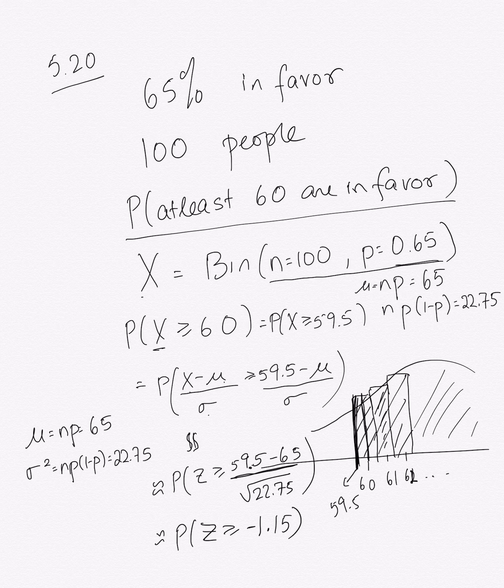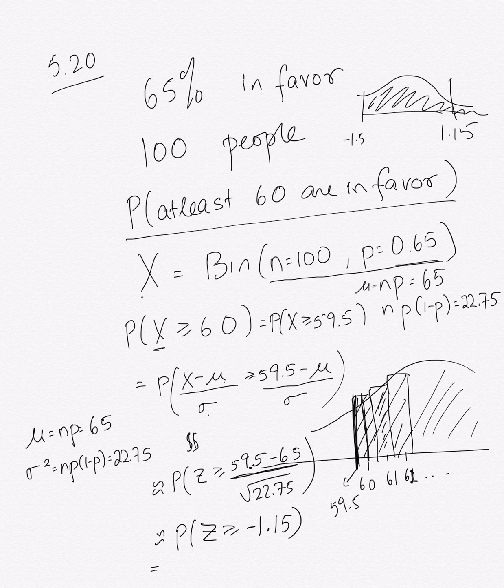So what's the probability z bigger than or equal to negative 1.15? Using the normal tables, what will this be? In our book, the normal tables just give us the phi values for positive numbers. So you have your normal random variable. Here is positive 1.15, and we have negative 1.15. We want this whole area.